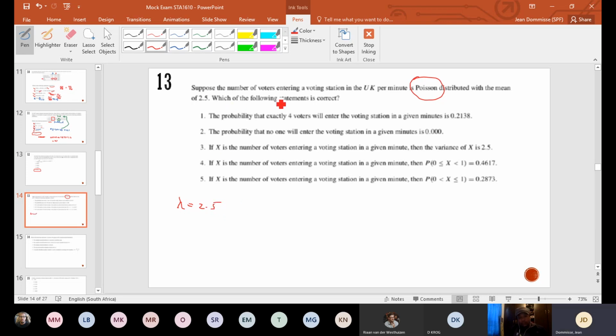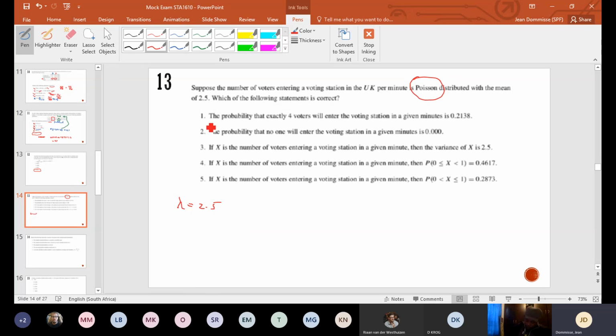Which of the following statements is correct? Okay, so again here we will go to the table. I've got a table next to me, but if you go to the study guide on page 93, there's the Poisson table as well. We would look at the Poisson table where lambda is 2.5.